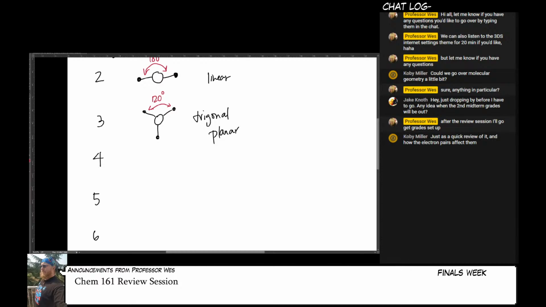I'm going to take a sip of water there. So 4 is, we'll draw this. And I'm going to try and draw this little planar triangle here to help it look like that.